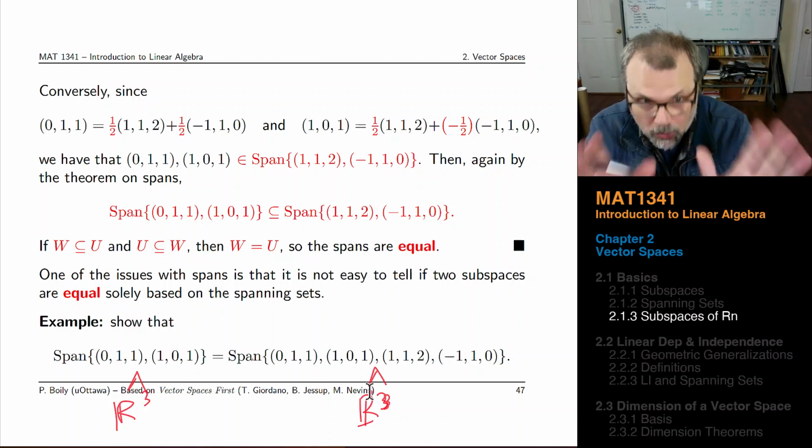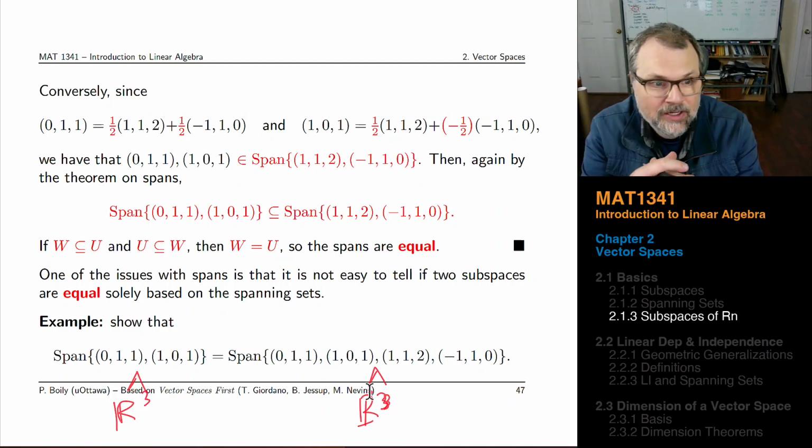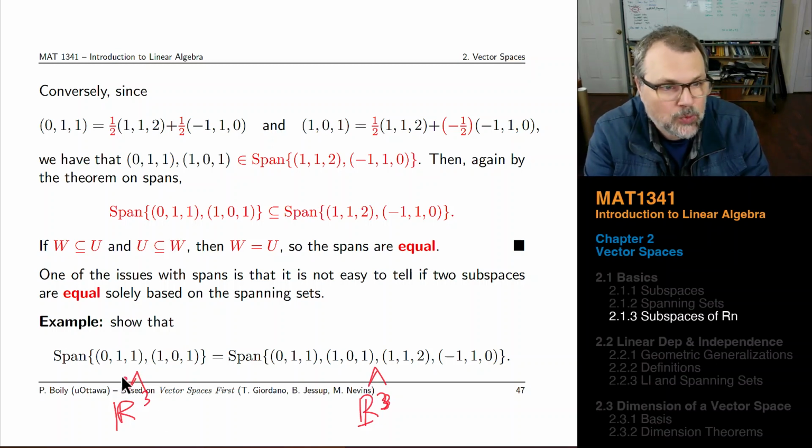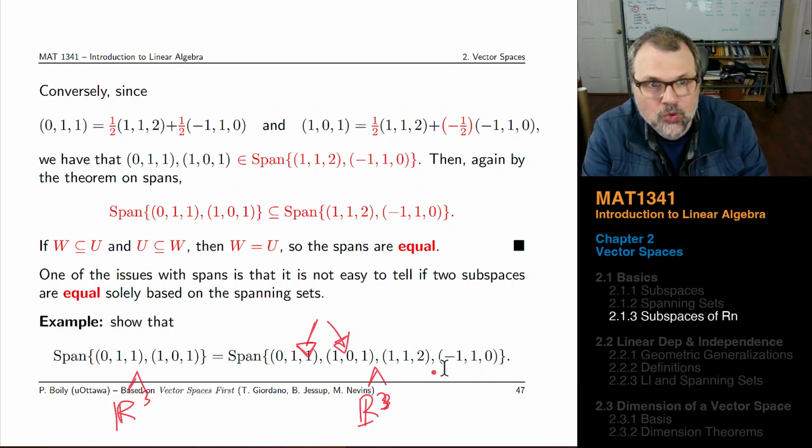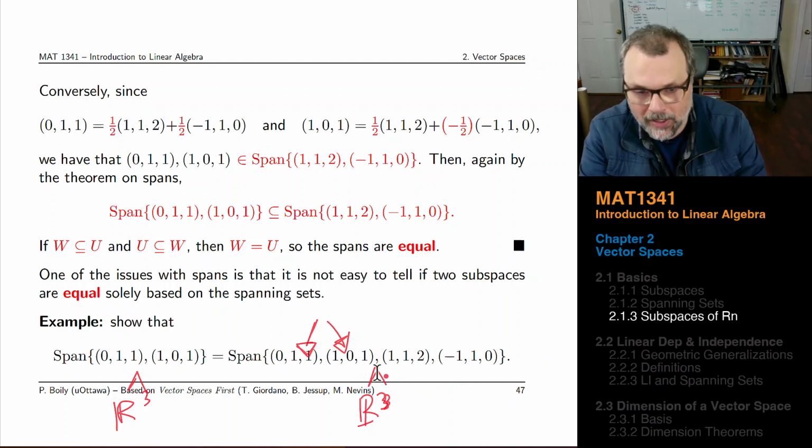So these are both subspaces. But that they're equal is not immediate. I mean, it shouldn't be too complicated. We do see that these two here have a twin here. But how do we know that adding these two other vectors, (1, 1, 2) and (-1, 1, 0), doesn't somehow change the span?